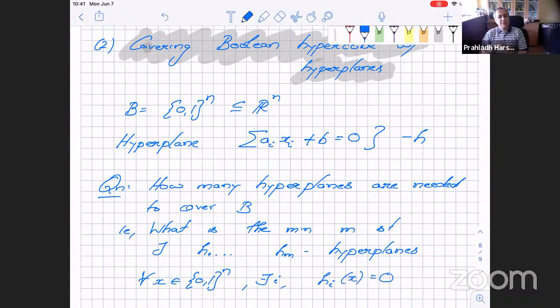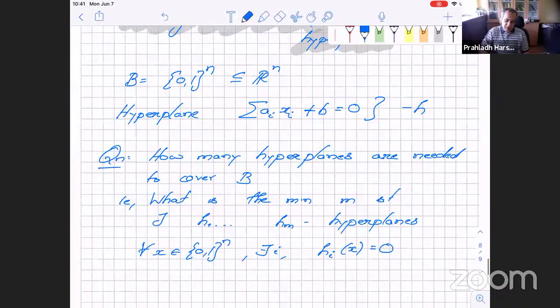Every Boolean point is in some hyperplane or the other. Now, this question is actually a trivial question. The answer is 2. I can choose the hyperplane x1 equals 0 and x1 equals 1. That's going to cover the whole thing.